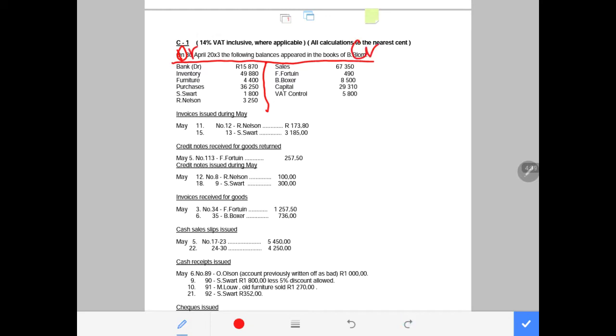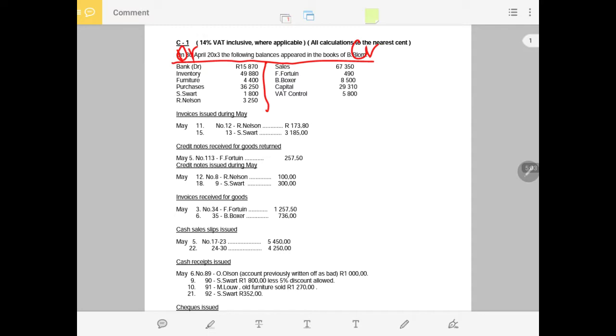So the left hand side is your assets: your bank, your inventory, your furniture, your purchases, meaning the purchase of the inventory, and the debtors, which are the SWAT and R. Nelson, although on the credit side, F. Fortune and B. Boxer are the creditors, meaning the people whom we bought inventory on credit from.